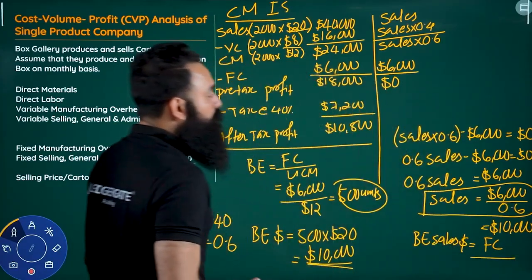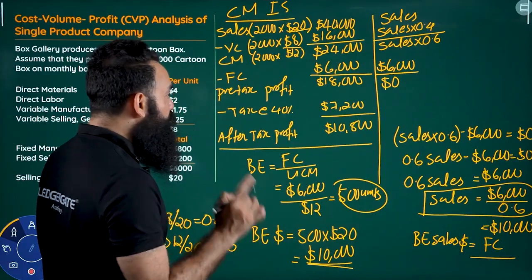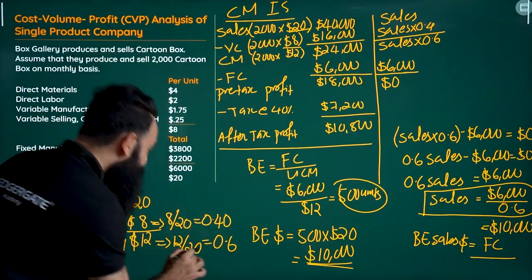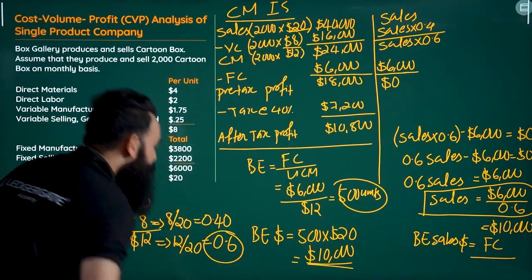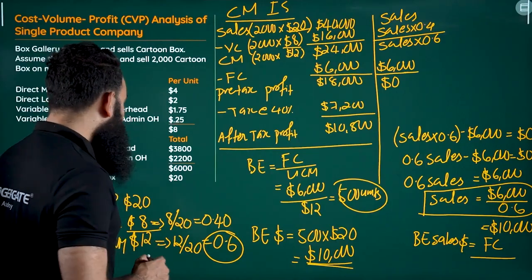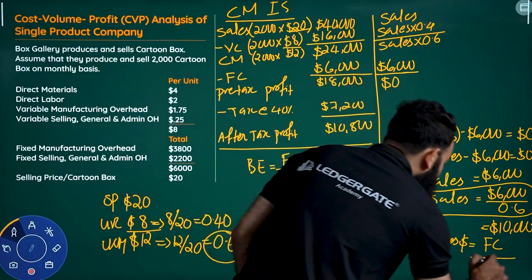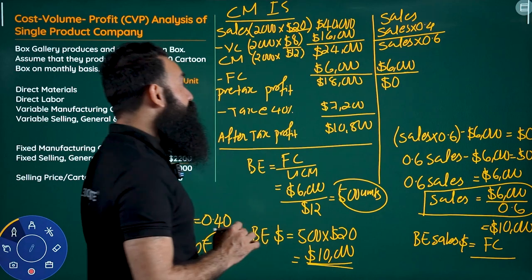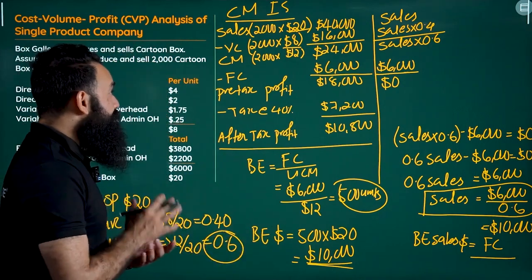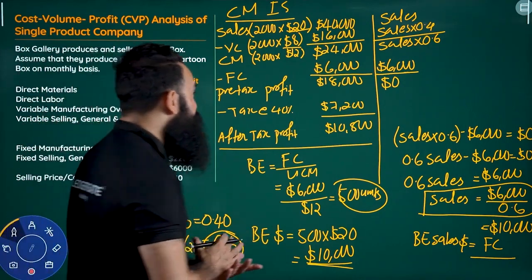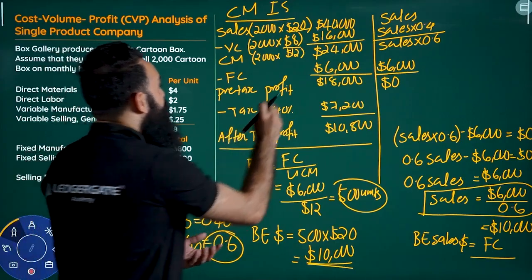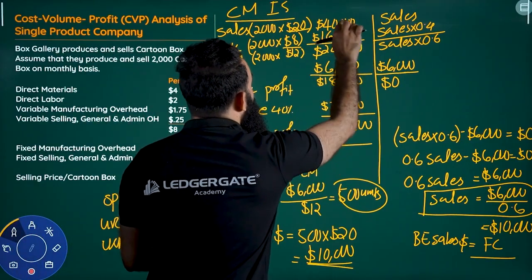And what about 0.6? Do you remember this? What do we call that? Contribution margin ratio. What does it mean? How much percentage of sales belongs to contribution margin. That means this is how much percentage of this.